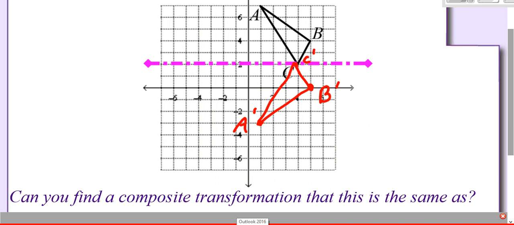So we've got a question down here, though. Can you find a composite transformation that would be the exact same? So rather than saying reflect over y equals 2, can we do something else and end up in the same spot? Maybe 2 steps. So for me, what comes to mind is if we reflect over that line instead.